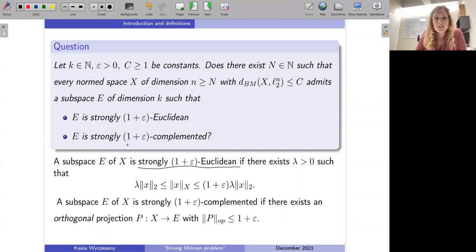And moreover, E is strongly 1 plus epsilon complemented if the projection that has a small operator norm is actually the orthogonal projection. So here we are narrowing our options very significantly.